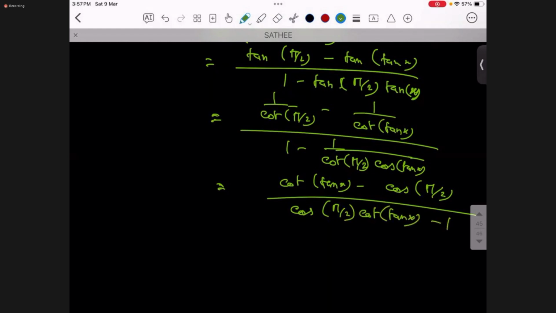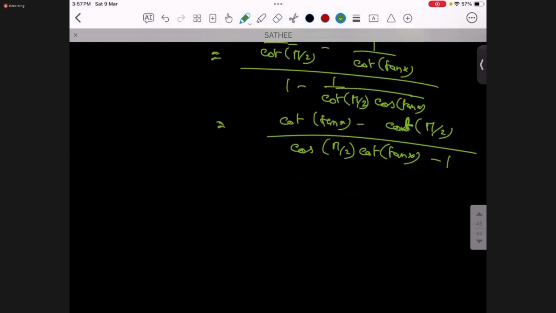Okay. Now, what about the value of cot pi by 2? This will give us cos pi by 2 by sin pi by 2, that will be 0. So, cot pi by 2 is 0. It will give us what? Cot of tan x. Okay.